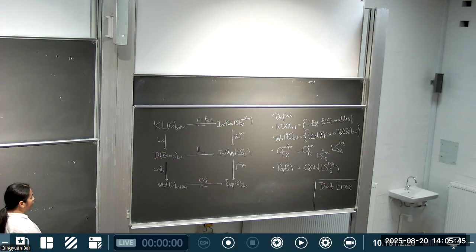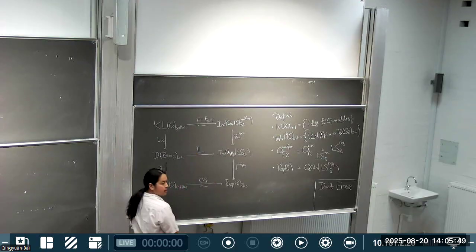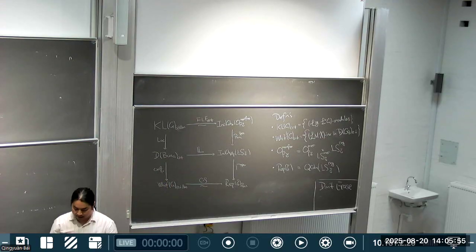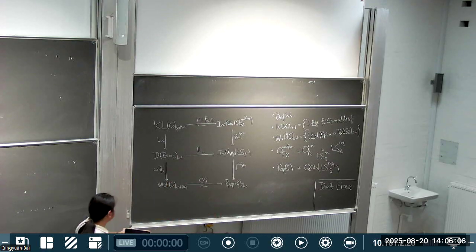Tomorrow Nick will explain that the outer diagram commutes, and more or less by design the lower diagram commutes, which implies the upper diagram commutes. This establishes this fundamental commutative diagram, and maybe later people will show how to use it to deduce the fact that L is an equivalence.